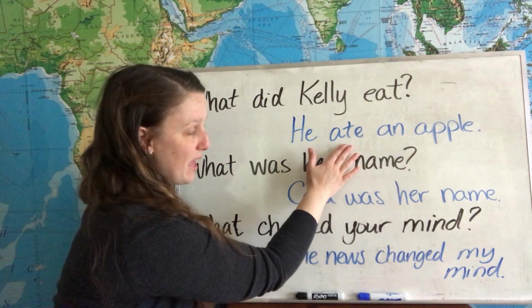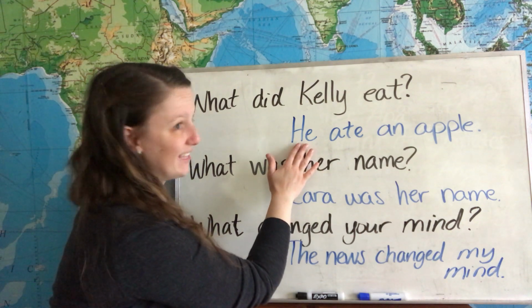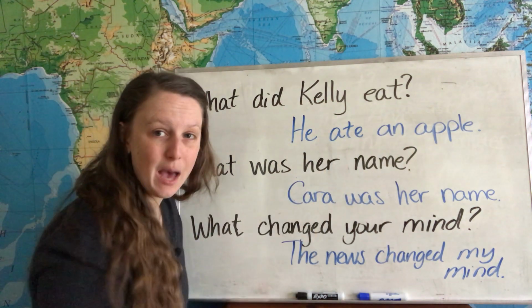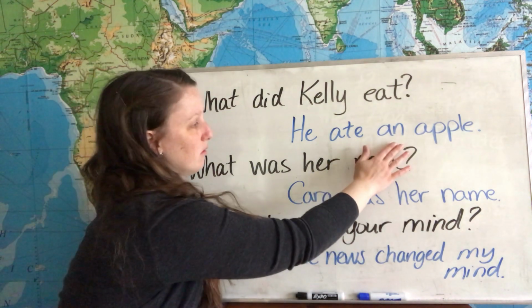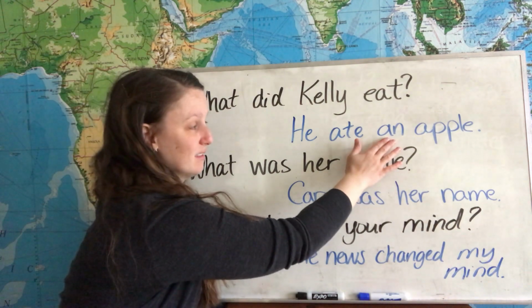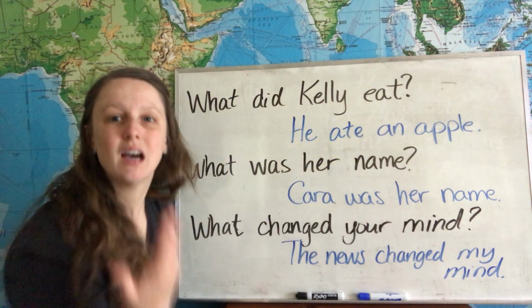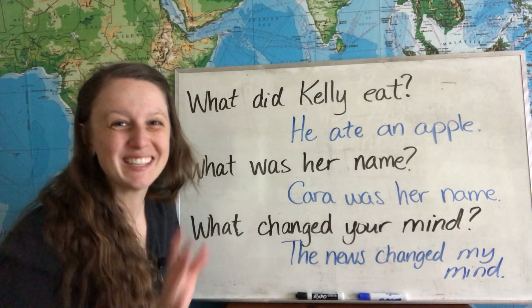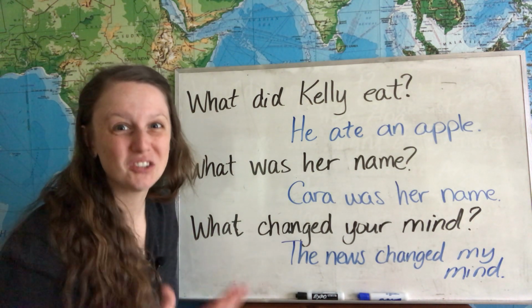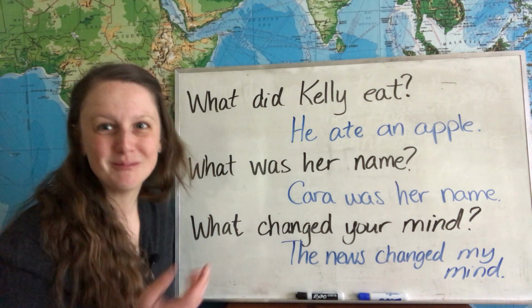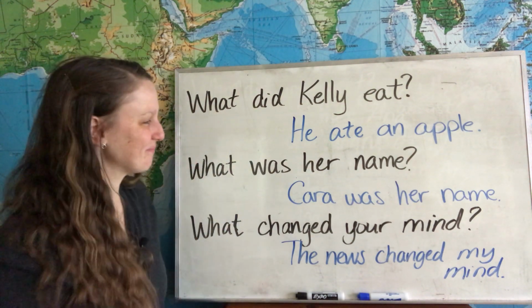We have our verb ate, our subject he, which means Kelly, and our object an apple. So because this is the object and what takes its place, we know that what is the object in this question. Now just wait another minute until we get to our last example, and I'll show you why it's so important to know if it is subject or object for this question word.